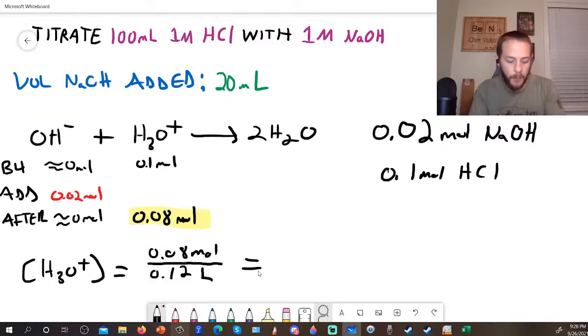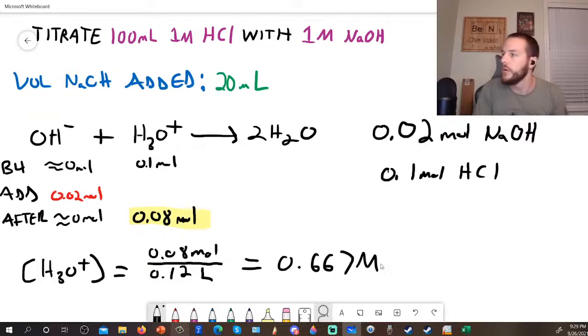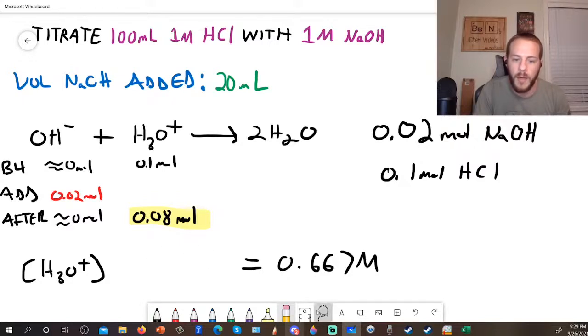I'm going to calculate that real quick. 0.08 divided by 0.12, and that is 0.667 molar, right? 0.667 molar. That's what our hydronium ion concentration is.